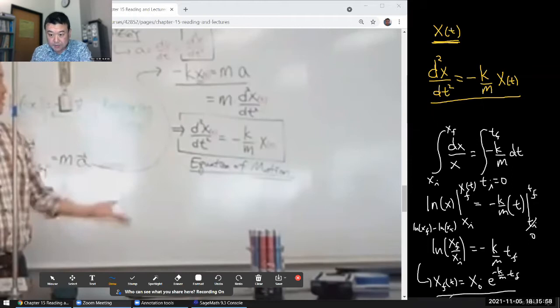And this actually makes perfect sense. I can plug it back into my hypothetical equation: dx over dt is minus k over m x of t. When you plug it in here, you take one derivative, you get this coefficient out through the chain rule, and then you have the original function left.